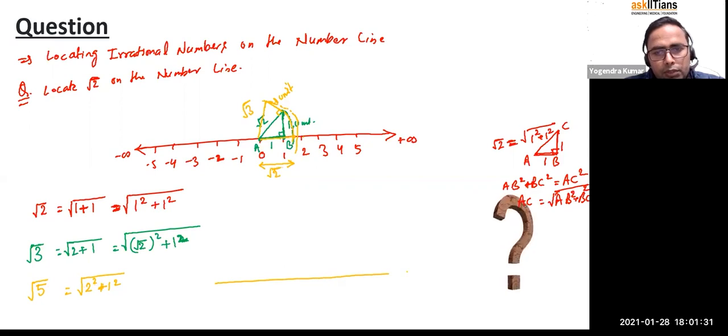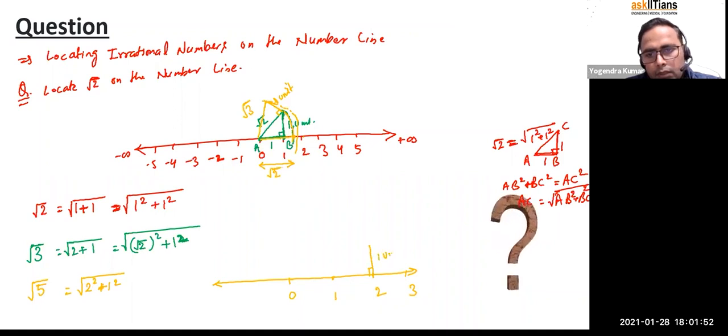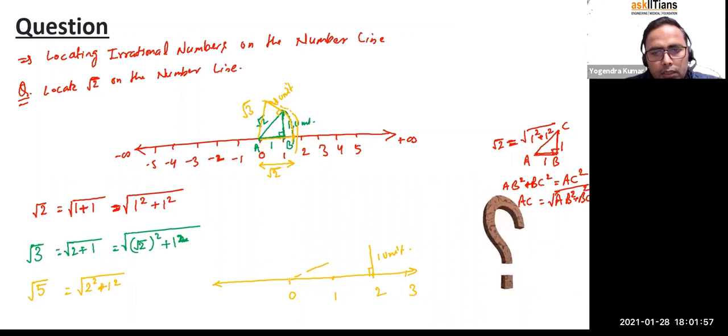So now what you do here, let me take another number line. 0 here, then 1 unit here, 2 units here, and then 3 will be here, right? So I should take 2 units here, because 2 square is there, and then 1 unit above here, 1 unit. Now I think you know how much this is exactly.